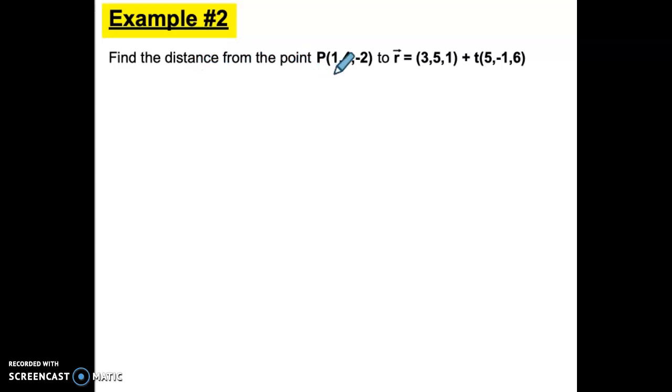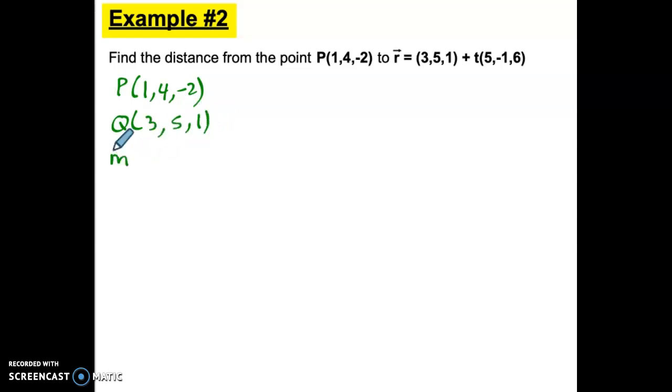So here we're finding the distance between this point, P, and this line. So they give us a point on the line, and they give us the direction vector. Now remember, we need a P, a Q, and an M. So the P we already know. The Q is a point on the line, which they've given us, although you could use any point if you really, really wanted to.